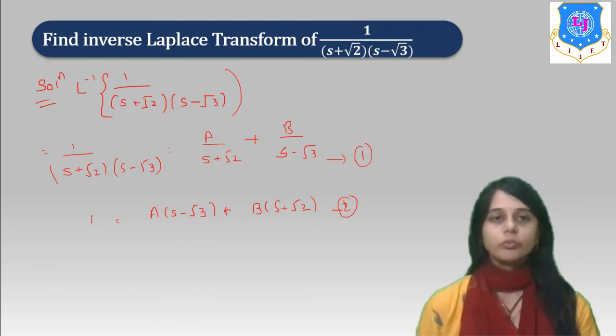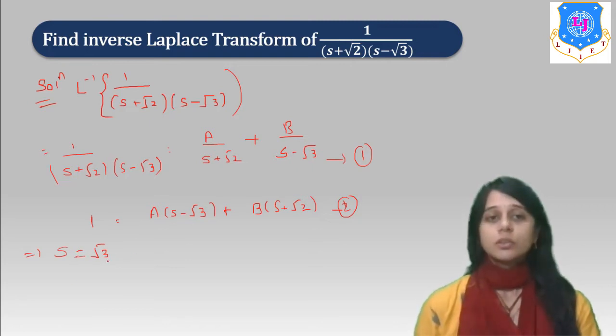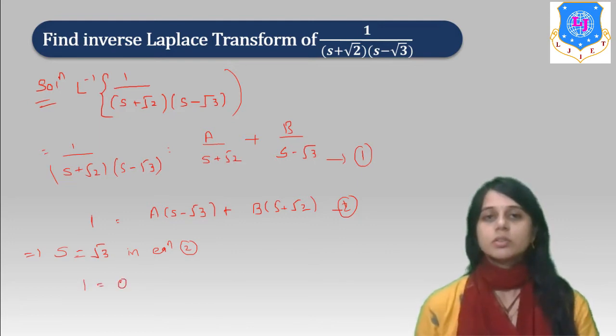Now, we take s equal to plus under root 3, because here we have the factor s minus under root 3. So taking s equal to under root 3 in equation 2, we get 1 equals 0 plus B(under root 3 plus under root 2).